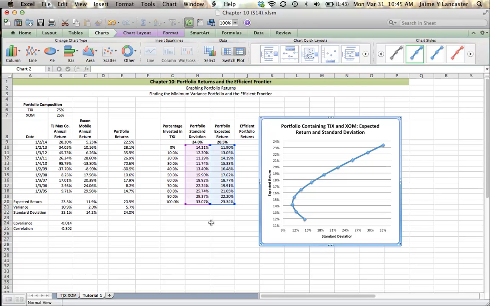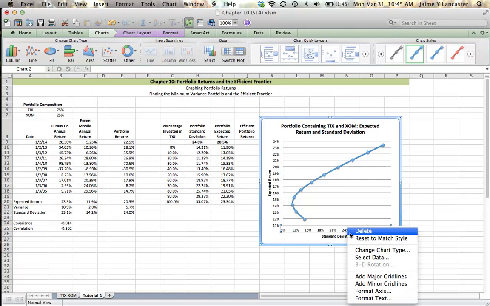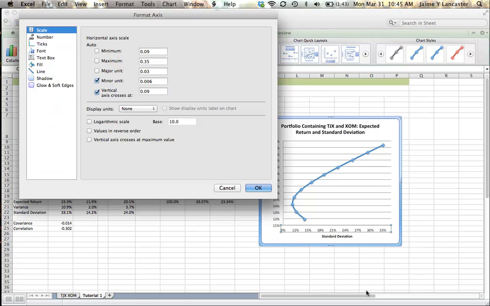So when you do this, for your plot, you're going to need to decide how to format your axes. You'll have expected return on the y, standard deviation on the x, and you will want to format your axis so that your minimum values and your maximum values correspond to your minimum values and your maximum values for your standard deviation and expected return, so that you can really see this whole shape, so that it takes up most of your graph.